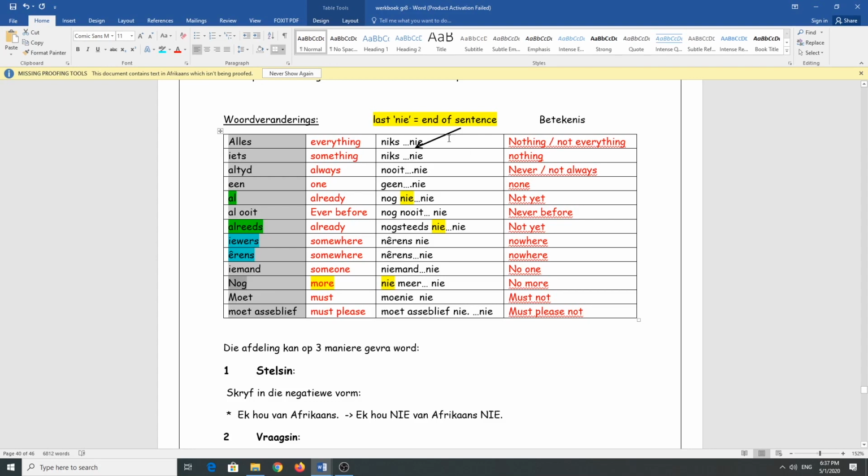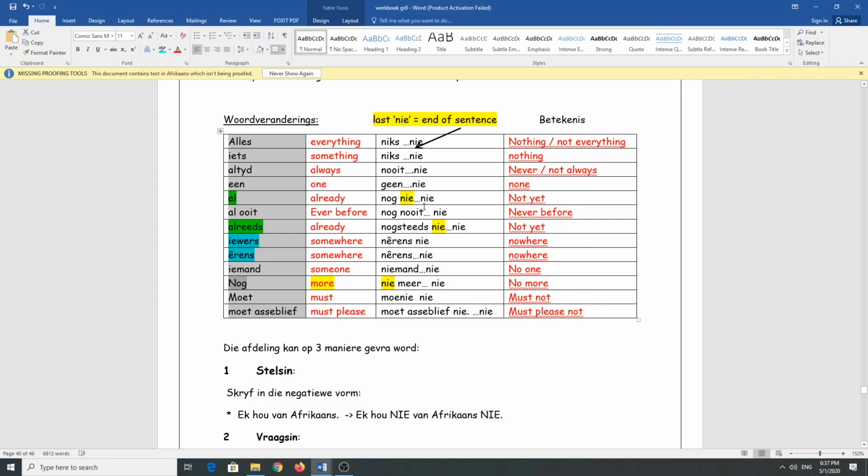Alles, everything, will become niks nie, which means nothing or not everything. Iets, something, changes to niks nie, which is nothing. Altyd, always, becomes nooit nie, never. Een, one, becomes geen, none. Al, already, and we're going to talk about al a bit more later on.